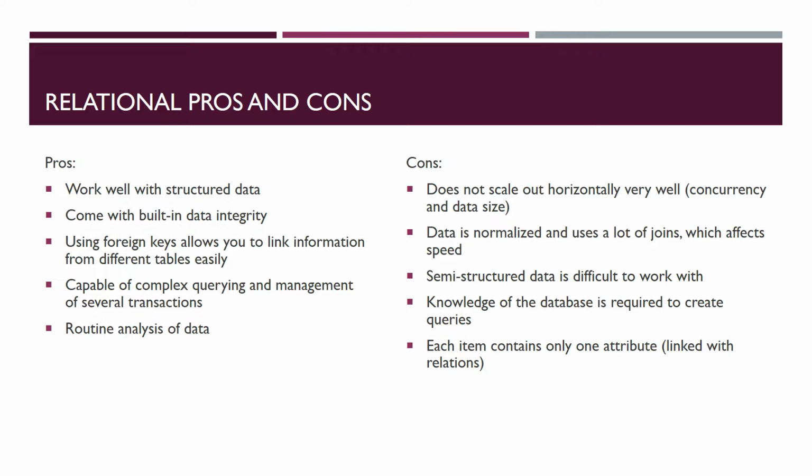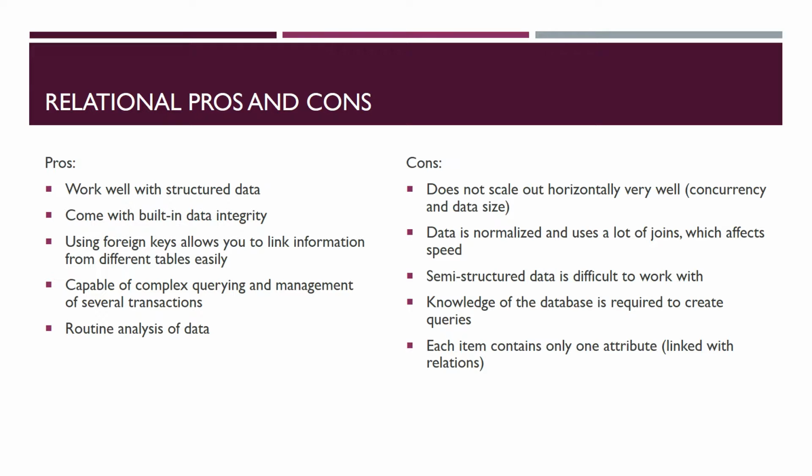You can query really well with relational databases, but the problem is that they don't scale horizontally well at all. It's because of how many joins there are, and as you get more and more data, it gets slowed down.